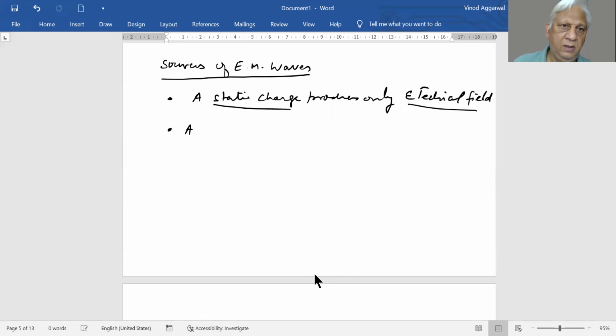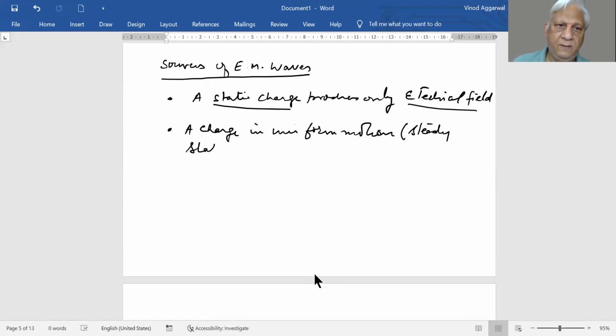Similarly, a charge in uniform motion, like a steady current, produces only a magnetic field.